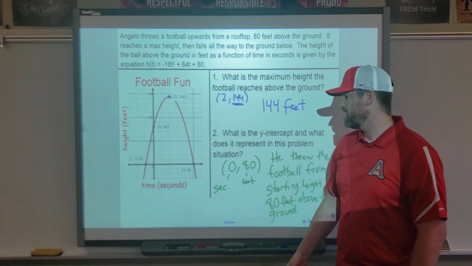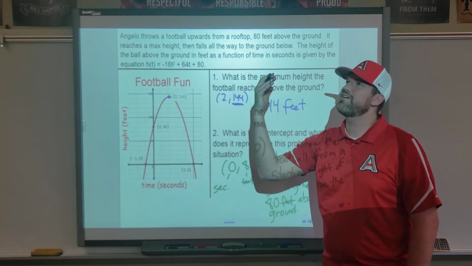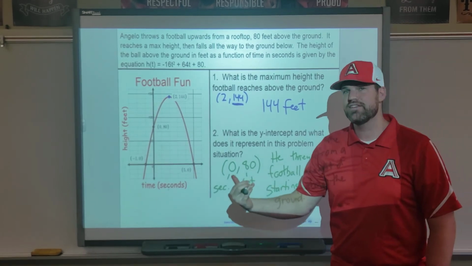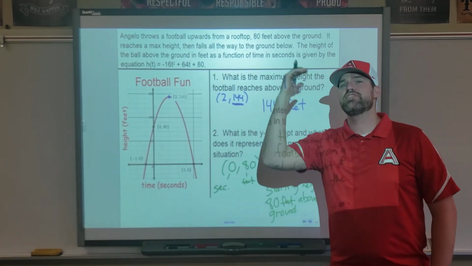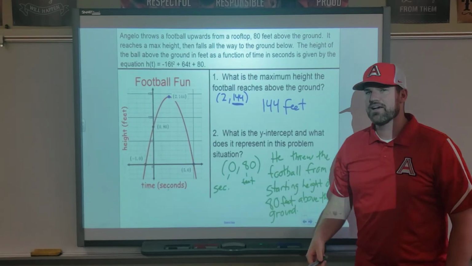Side note, if we're being honest, if he threw the ball from 80 feet above the ground, he probably released it 5 feet above the roof, so the roof is really probably only 75 feet, and then you add in the 5 feet that he was above the roof, that's why it went from 80 feet. But anyway, just details.